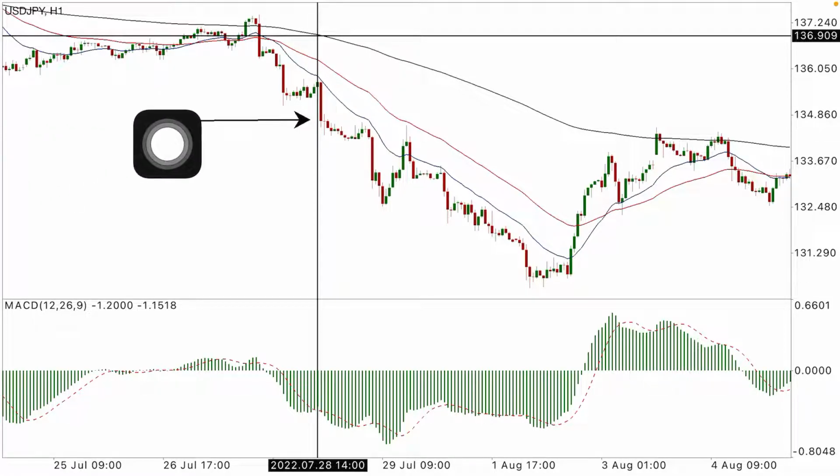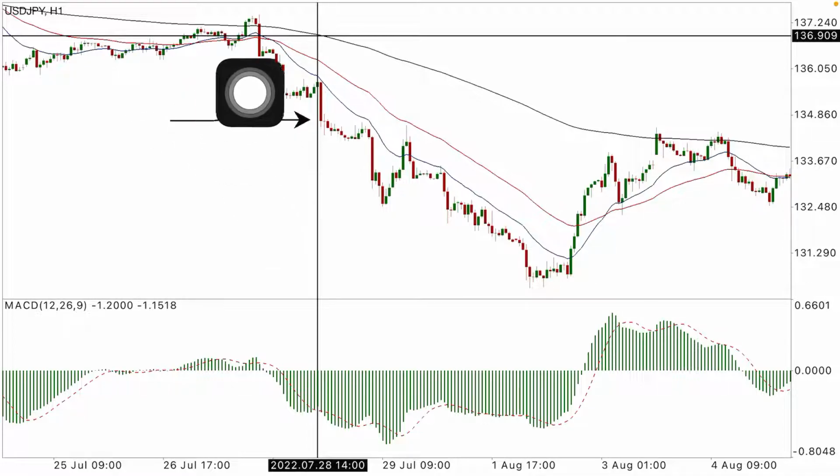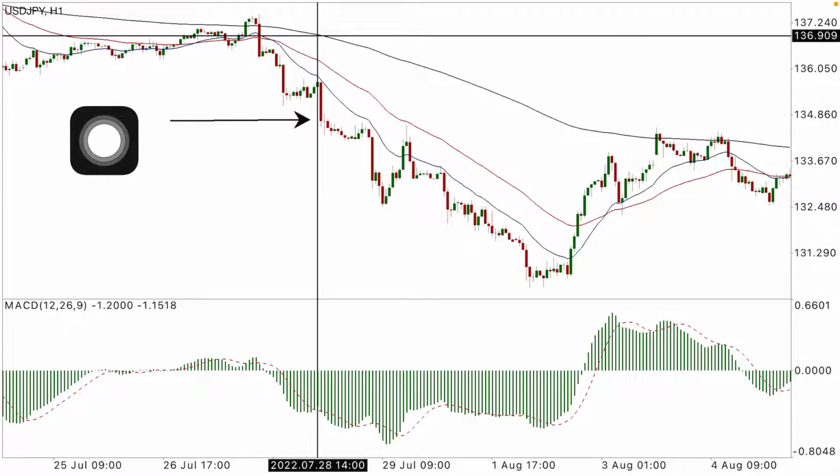Your entry should be just after the break of the EMAs to the downside and a successful retest. Your entry will just be right after the retest of the EMAs has occurred.